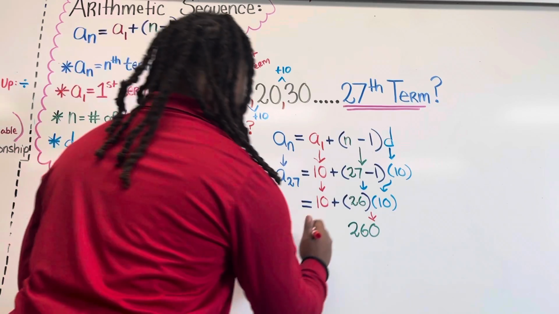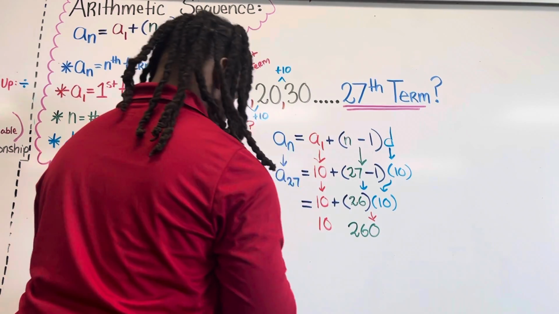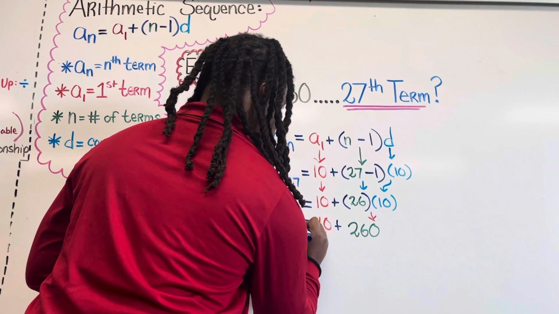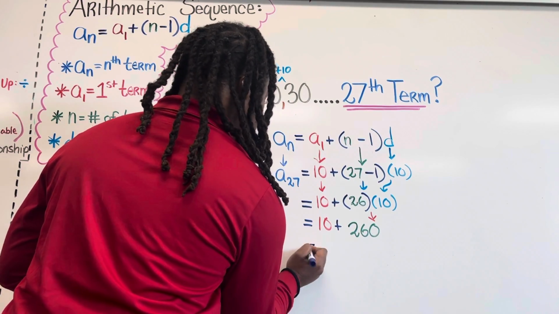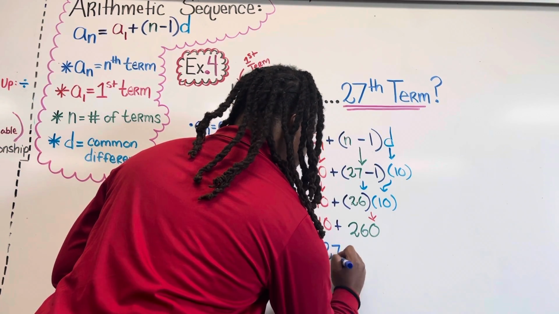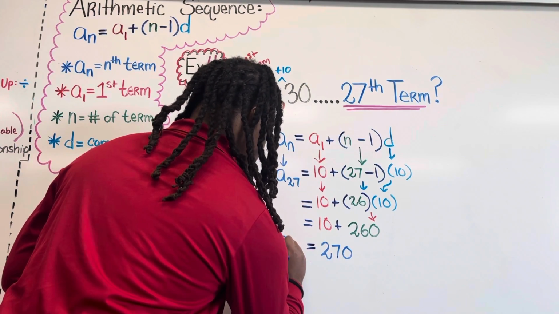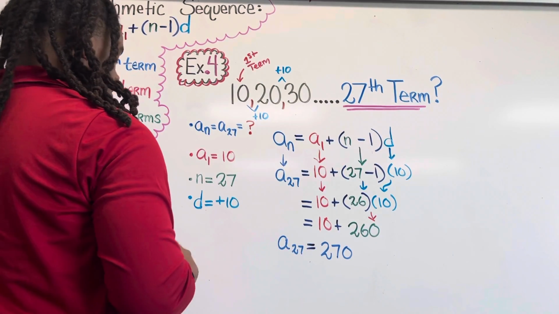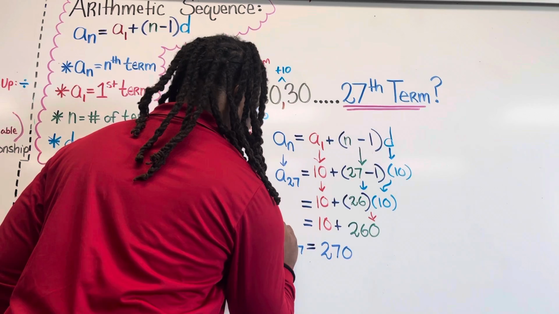So now I have 10 plus 260. And of course, we know that 10 plus 260 is 270. So the 27th term within this sequence is 270, okay?